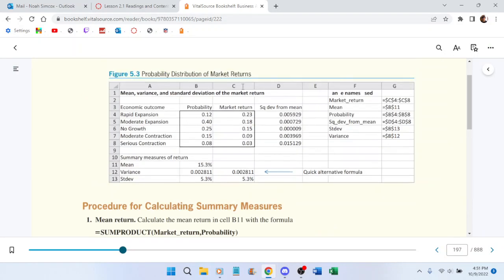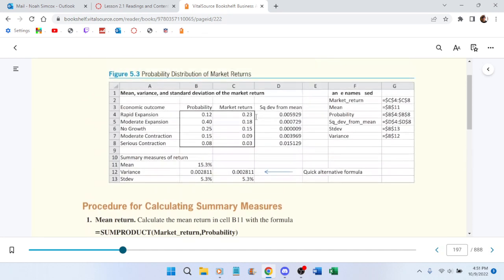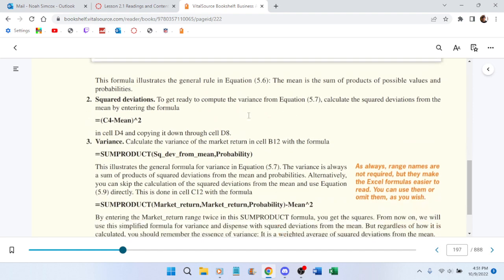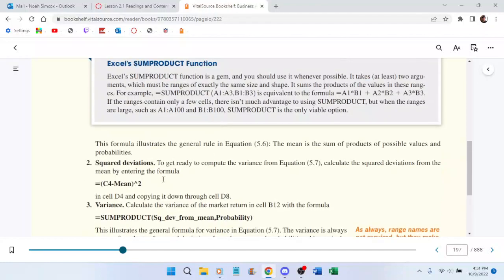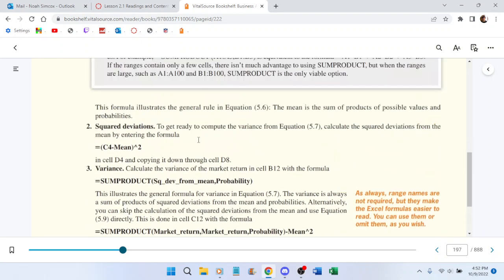C4 is this. Oh, never mind. What they do is it's not just this. You do this number minus the mean squared. Oh, that's very intuitive. I guess that makes sense. Of course, these are squared deviations.